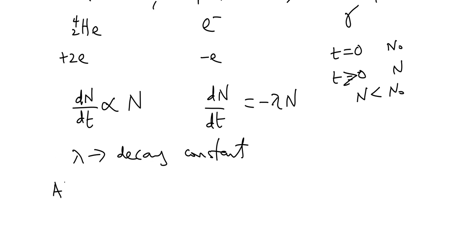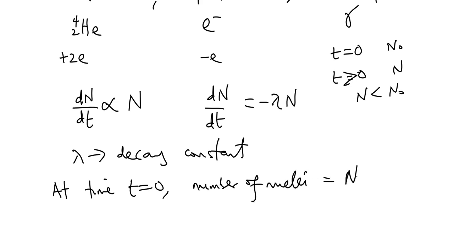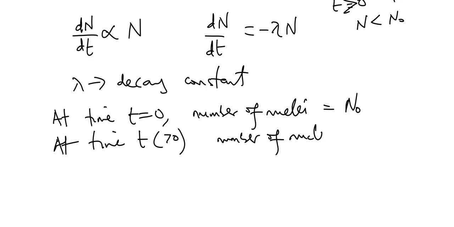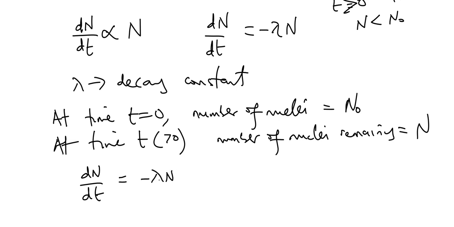So let's say at time t equals 0, the number of nuclei present we denote as N naught, and at time t greater than 0, we denote the number of nuclei present or remaining as N. From dN/dt, we said the rate of decay is proportional to N, the number of nuclei present.